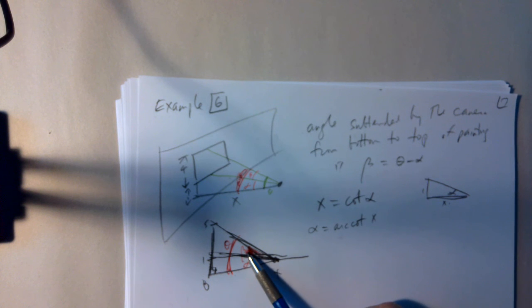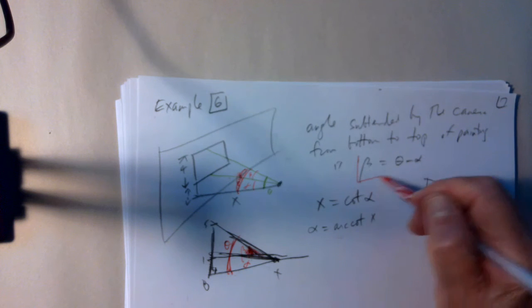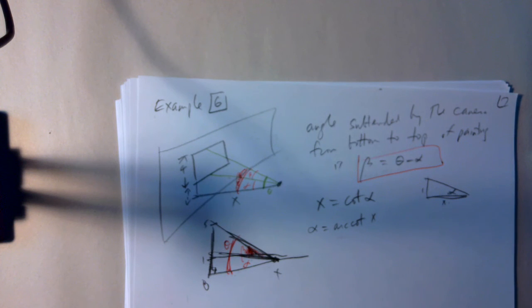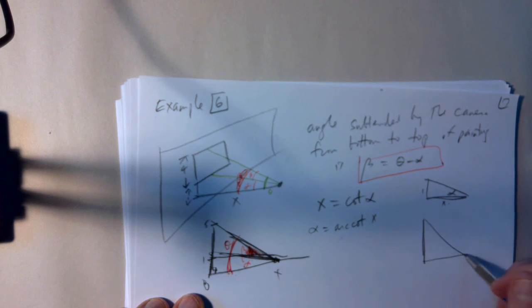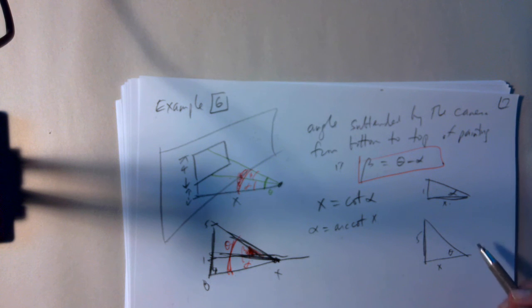Now, beta is the one I want to express, but it's easier to express beta in terms of alpha and theta. So what is theta? Well, I have another right triangle. Now this is 5, and this is x, and this is the angle theta.